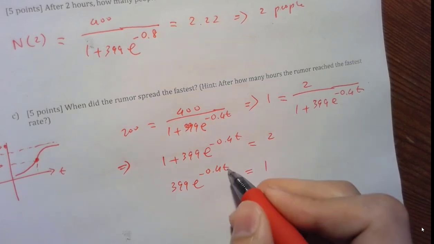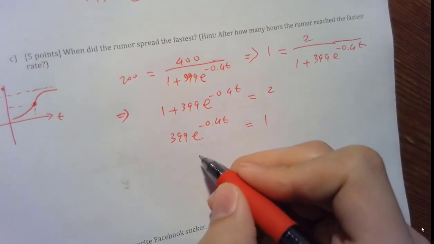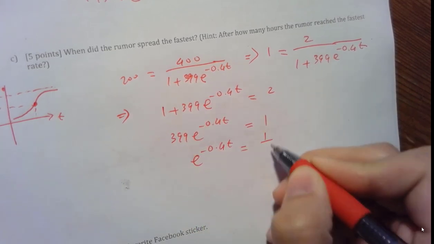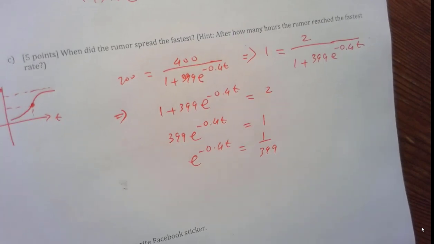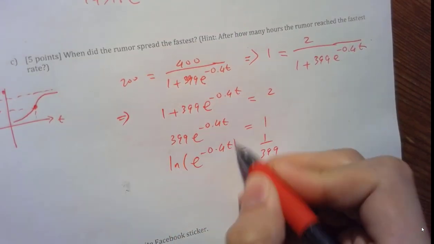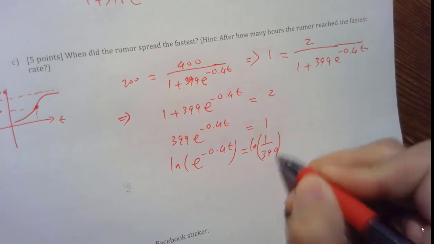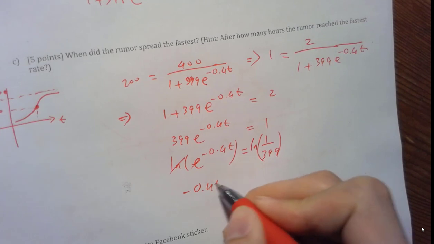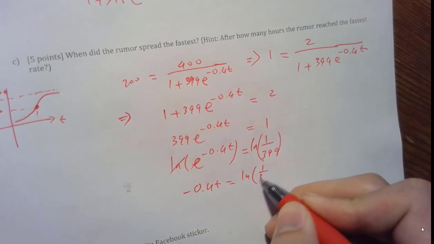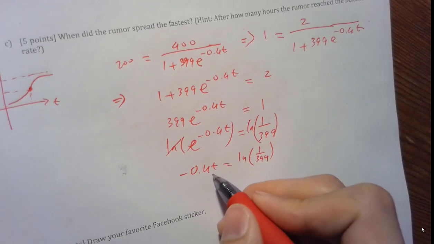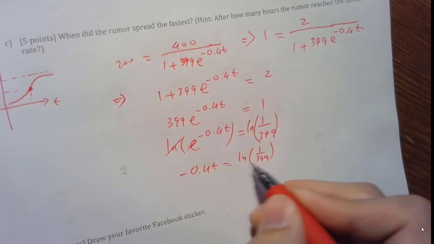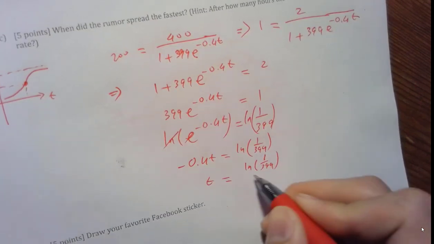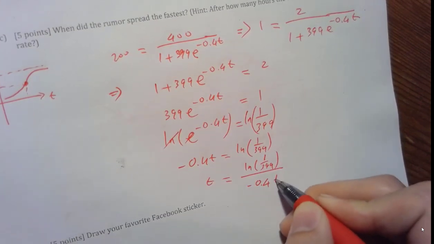And then I want to solve for t, so we try dividing 399 on both sides. So 1 over 399. We're trying to solve for t. We take the ln on both sides because this is base e. So ln of 1 over 399. ln and e cancel out. We get minus 0.4t equal ln of 1 over 399. And then we're solving for t, dividing by minus 0.4 on both sides. ln of 1 over 399 divided by minus 0.4.